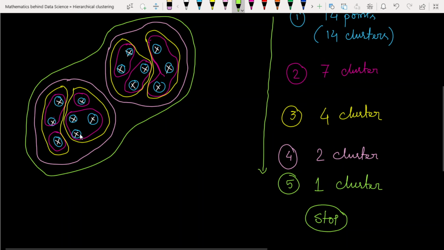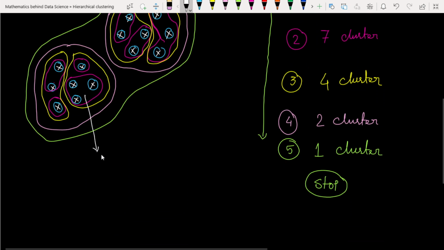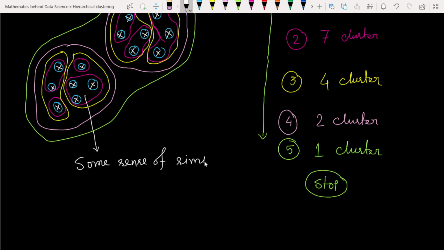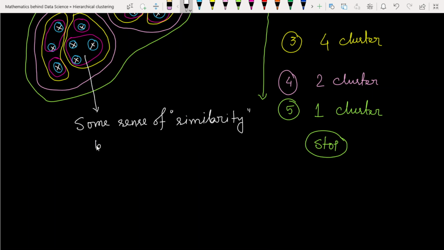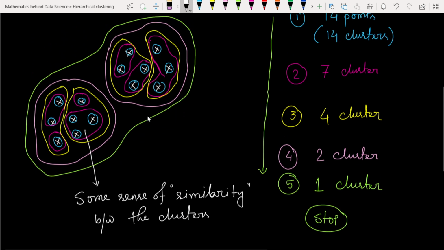Now how will we count this? We will take this as a single cluster simply using similarity. The key concept behind it is that we put the points together into a single cluster by using some sense of similarity between the clusters. By simply using this, we will make this structure.